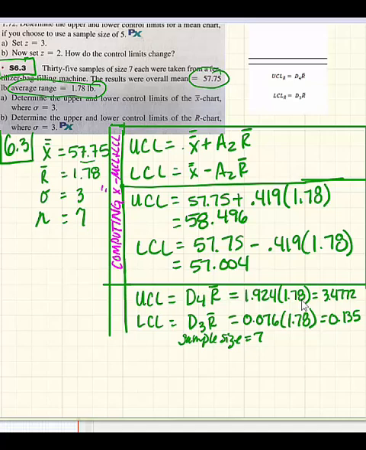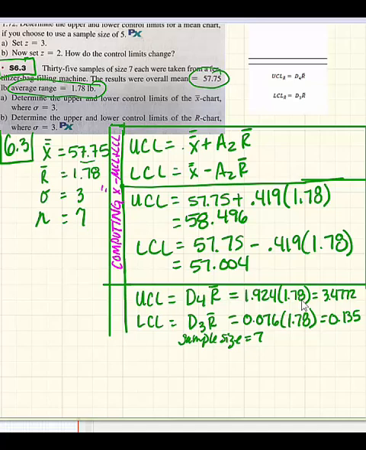This way we don't have to convert over from the population standard deviation to the sample standard deviation. This alleviates that step and makes it just a little bit easier. One restriction for this method is that it can only be done for plus or minus 3 standard deviations.